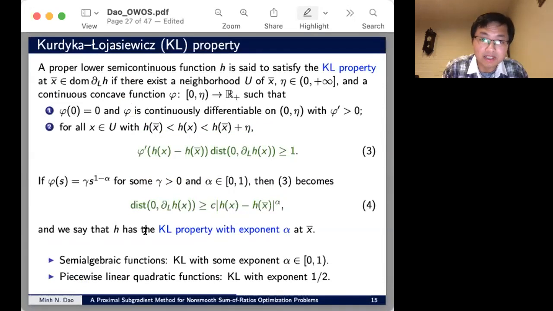Some examples of KL functions: semi-algebraic functions are KL functions with some exponent alpha between 0 and 1. Piecewise linear quadratic functions are KL functions with exponent 1/2. It means that it has the KL property with exponent 1/2 at every point.